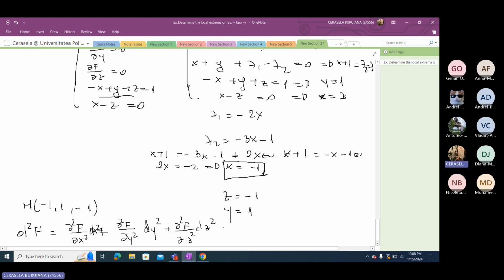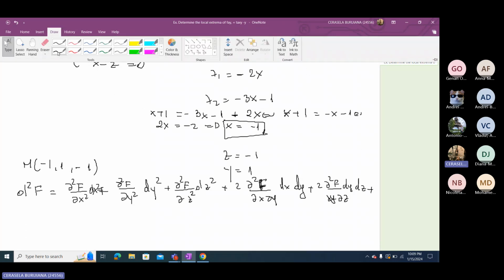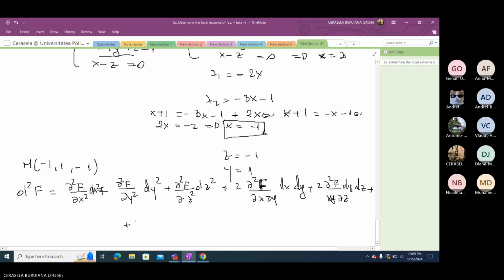And I have to continue with the mixed derivatives of f in x and y. Here it's dx dy and other two terms. Here is the derivative of f in y and z, dy dz, plus the last term, 2 times the derivative of second order of f in z and x, dz dx.